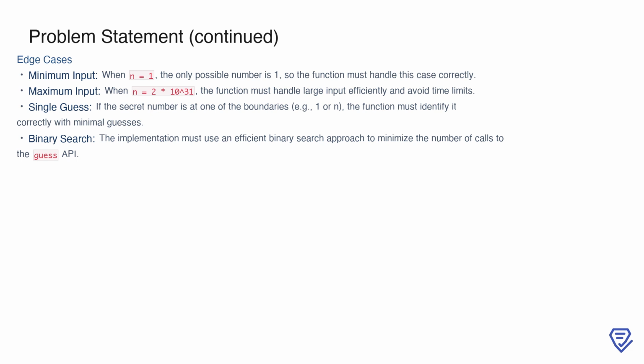Another key consideration is when the secret number is at one of the boundaries, such as 1 or n. In such cases, the function should identify the number with minimal guesses. To achieve this, the problem is best approached using a binary search strategy, which ensures that the number of calls to the guess API is minimized. These constraints and edge cases highlight the need for an efficient and robust implementation.